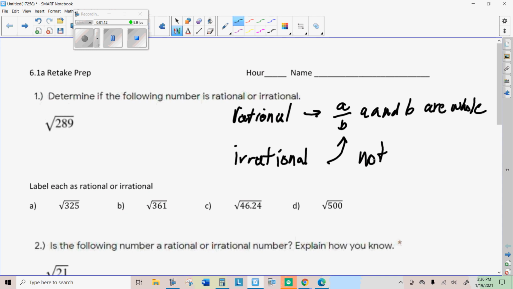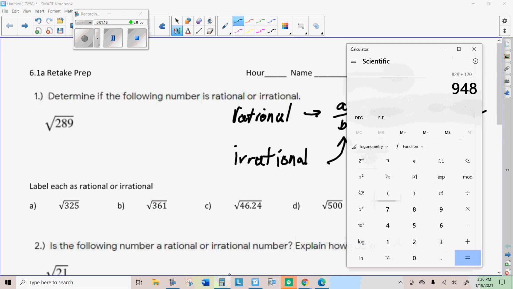So if you look at numbers on your calculator, like the square root of, say, 45, notice that the number goes on forever and ever and there's absolutely no pattern. That's an irrational number. Where if you do like the square root of, say, 6.25, the number ends. That's a rational number.